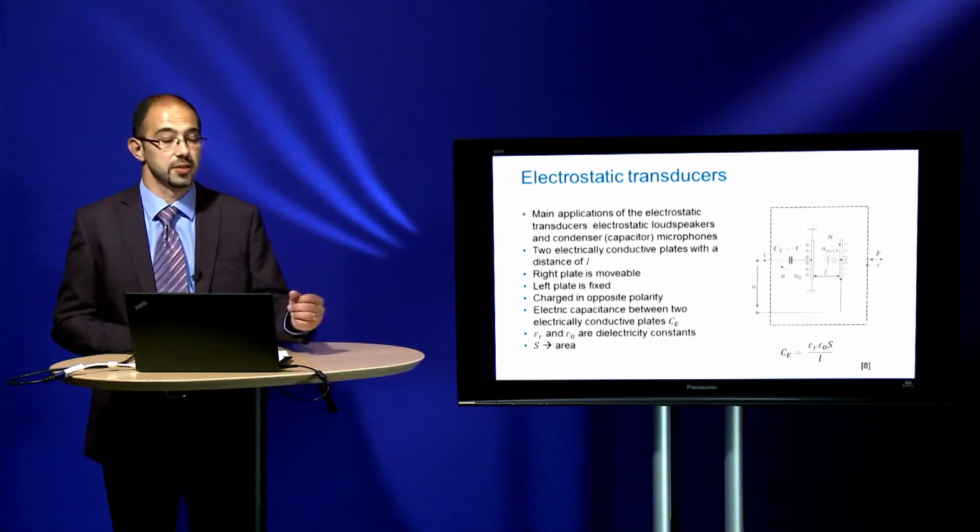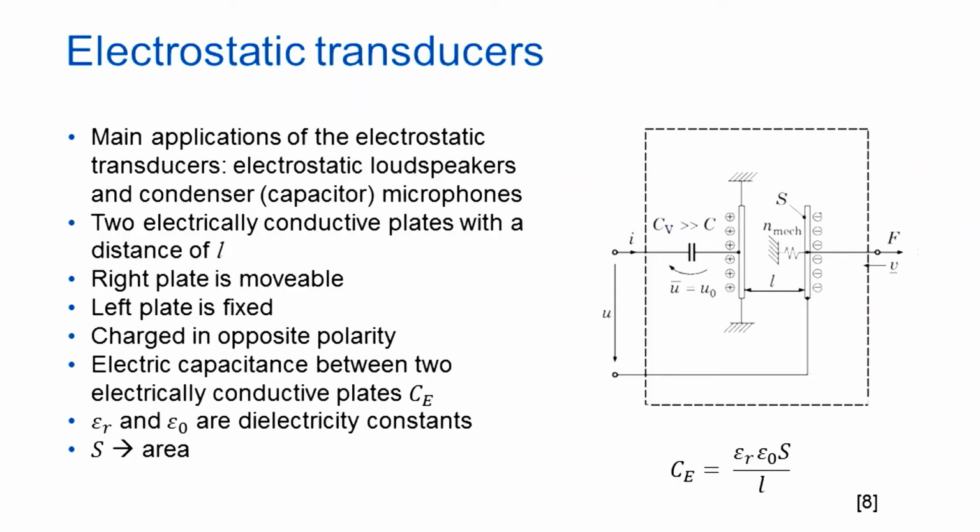condenser or capacitor microphones. And in these transducers, we have two electrically conductive plates with a distance of L, and the right plate is movable, as you can see with this spring, and the left plate is fixed.